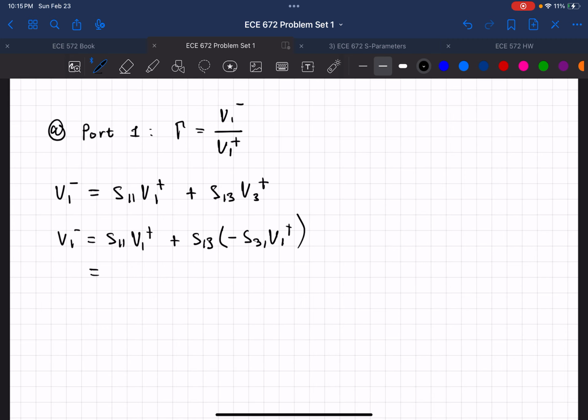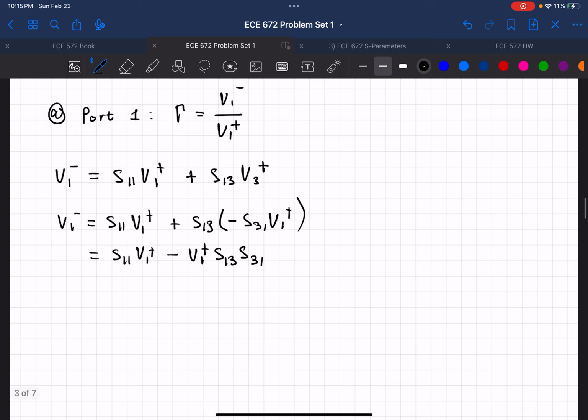This is equivalent to V1 plus times the quantity S11 minus S13 S31.